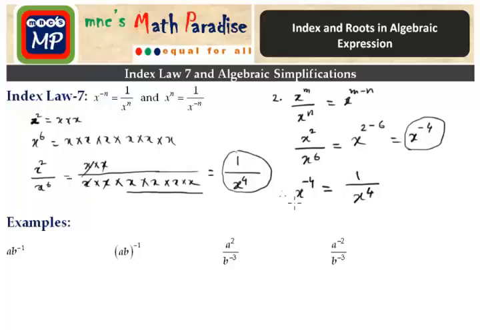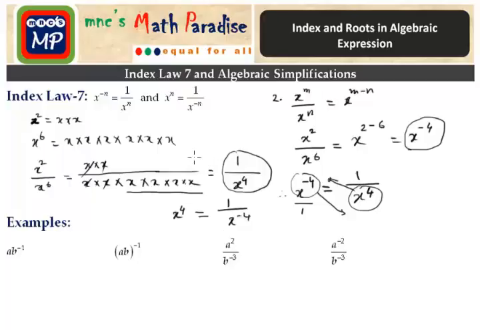Or we can write like this: if we think the denominator is 1 here, so if we take this denominator on the upper side, on the left hand side, and this numerator if we bring it on the right side as denominator, then we can write the same thing, that is x to the power 4 is going on the left as the numerator. So we can write x to the power 4 equals, if we take this x to the power minus 4 on the right hand side, it will become denominator, so it will be 1 upon x to the power minus 4.